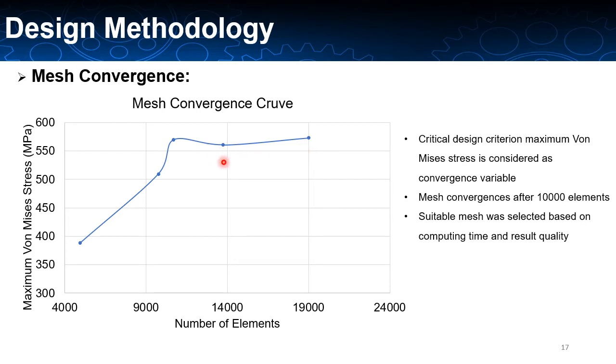So I can say that at or after 100,000, the mesh converges. I decided to go with a mesh number somewhere around 130,000, because that will save me a lot of computational time and also give me a better quality result.